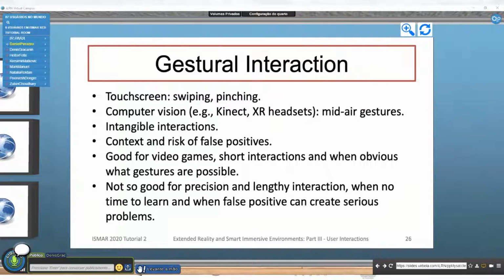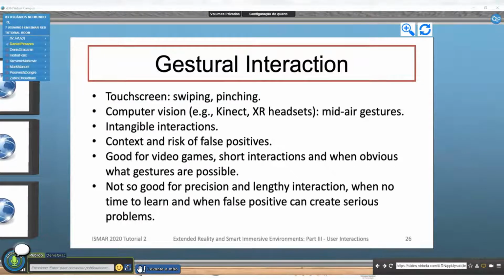Another option that we have is gesture interaction, and we already have those with touchscreens, in other words, swiping or pinching. But with the advent of computer vision and corresponding sensors such as Kinect, or capabilities built into modern extended reality headsets, we can recognize mid-air gestures. So those are intangible interactions. They can depend on the context, and there is a risk of false positives because we tend to make gestures all the time as we talk, and therefore we may by accident trigger certain commands.